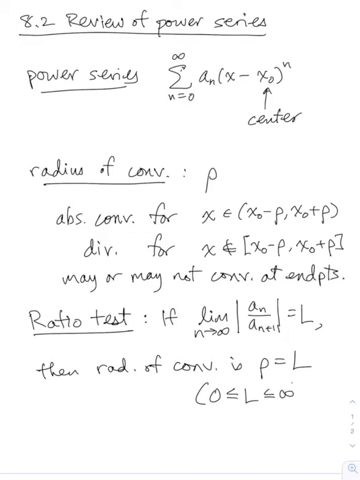We also allow infinity. So if that limit diverges to infinity, we say that the limit is infinity, which means that the radius of convergence is infinity.